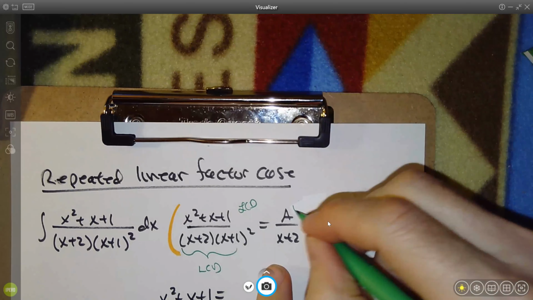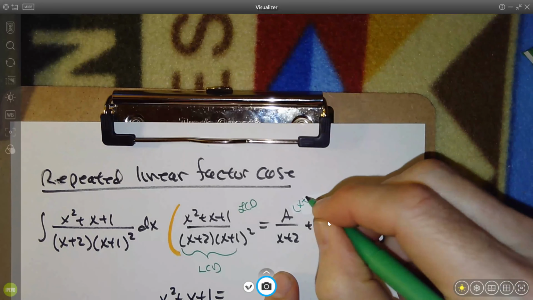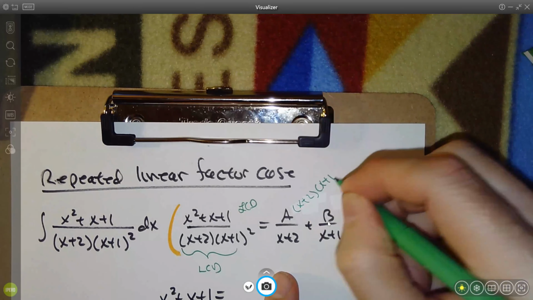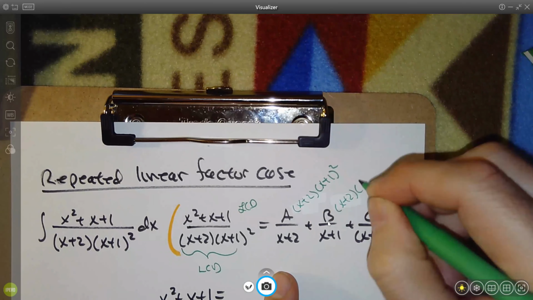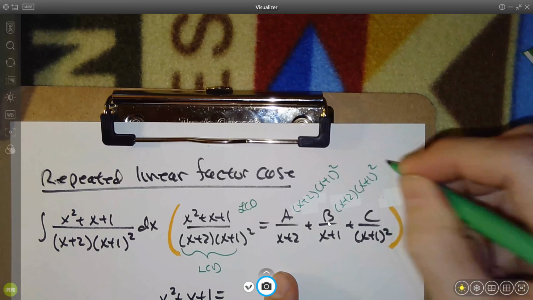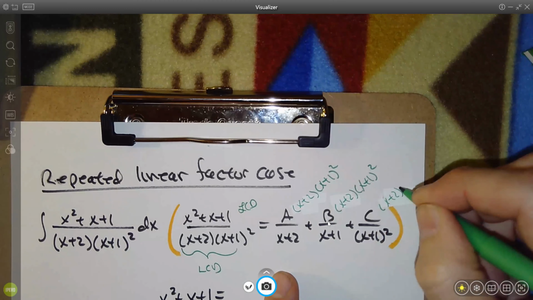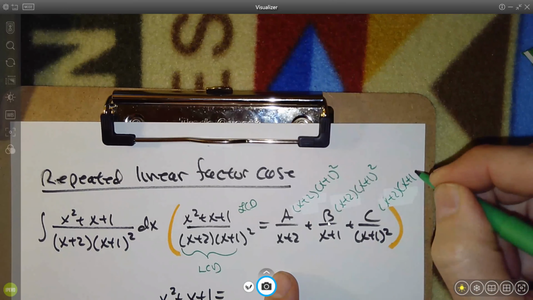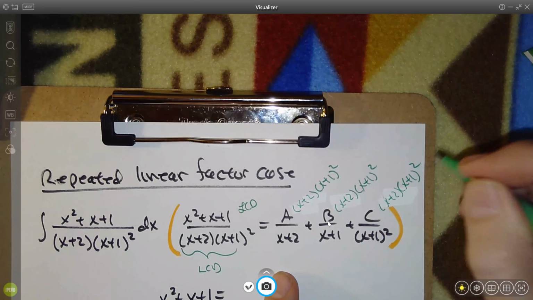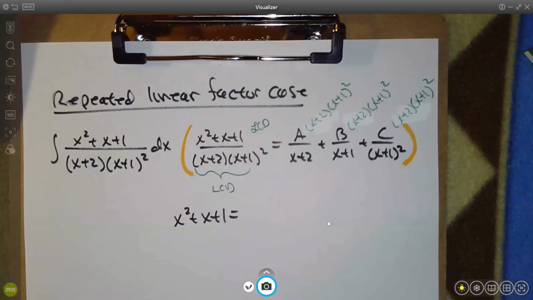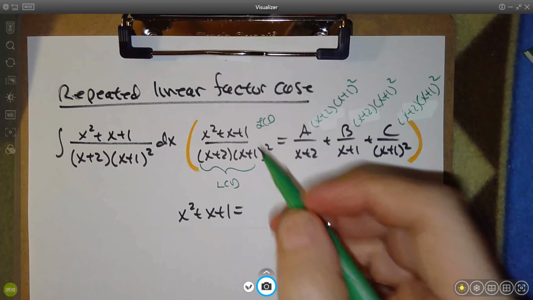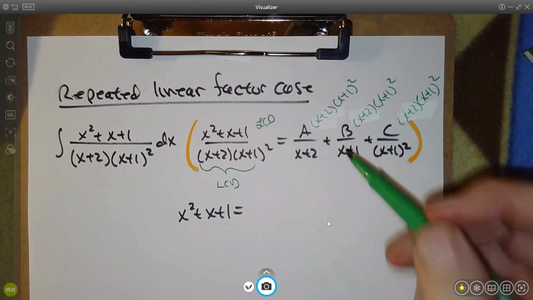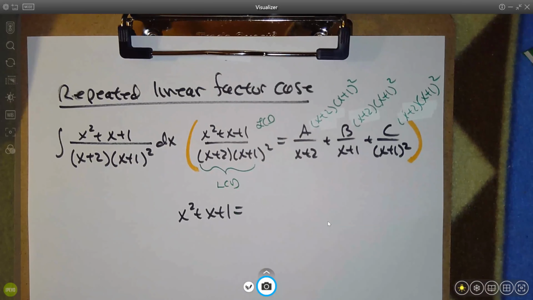So I've got x plus 2 times x plus 1 squared, three times. Now on the left-hand side, the whole thing cancels out. But on the right-hand side, let's see what happens.